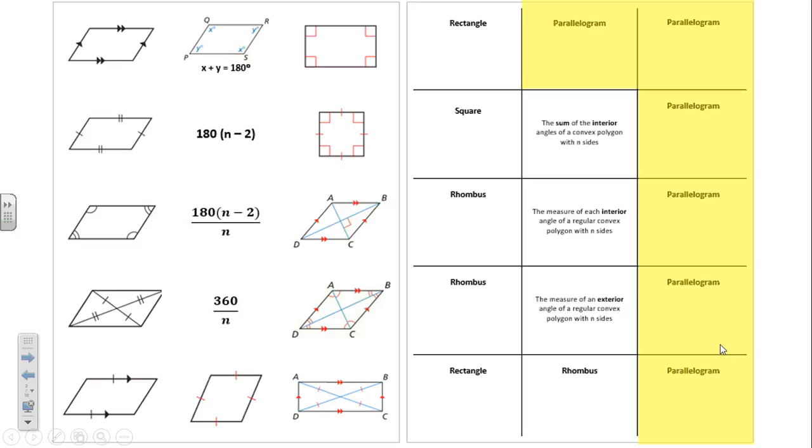So this is where you're going to be writing, the upper right corner where it starts with parallelogram, okay? So part of being a geometry student and doing well in this class comes from the fact that you can see geometric hieroglyphics and you know what they mean, okay?